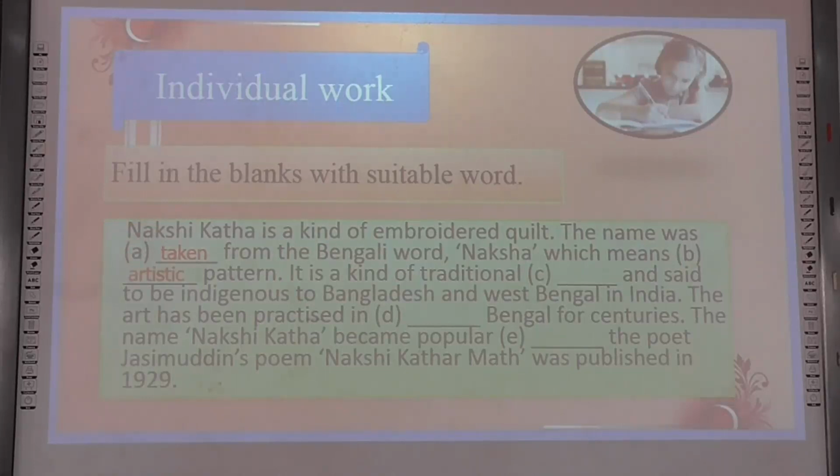It is a kind of traditional craft and said to be indigenous to Bangladesh and West Bengal in India. The art has been practiced in rural Bengal for centuries. The name Nakshi Katha became popular after the poet Jasimuddin's poem Nakshi Katha Mat was published in 1929.